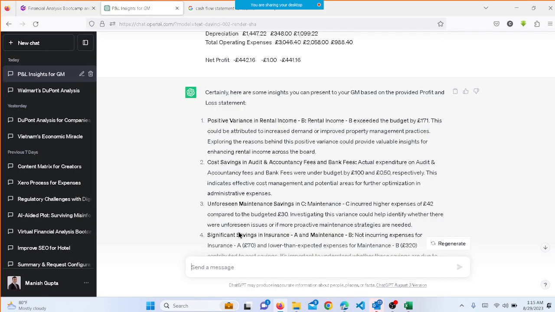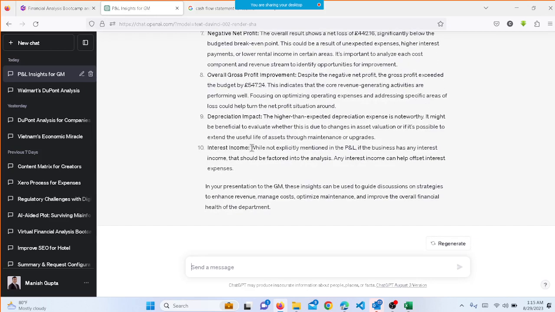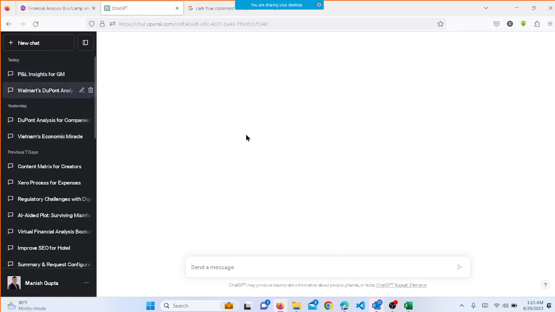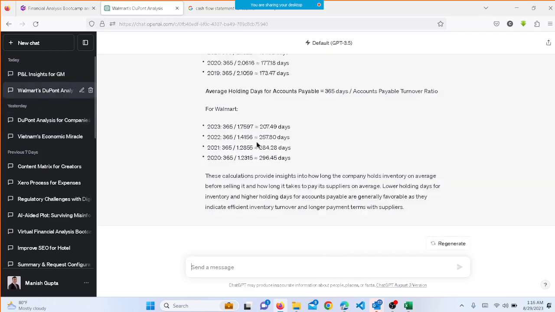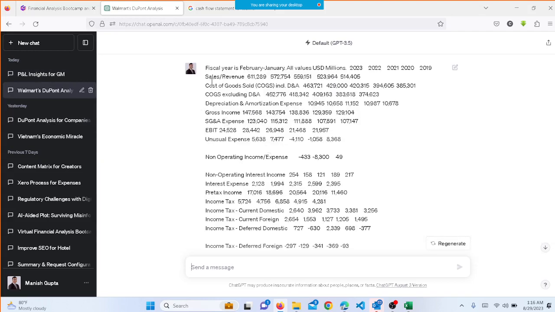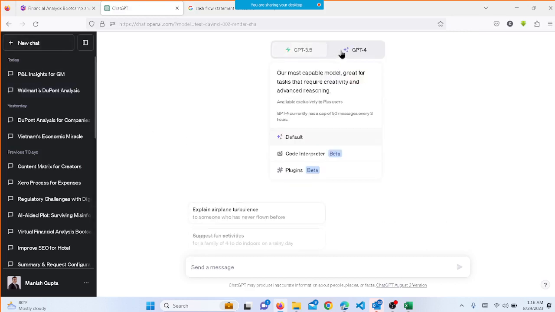The free version of ChatGPT 3.5 cannot generate visualizations. So we have to use the GPT-4 version for this, and we can copy some of the data, and then we can ask GPT-4 to analyze the information. Let's say we take only the sales information for now, and then we can calculate it.